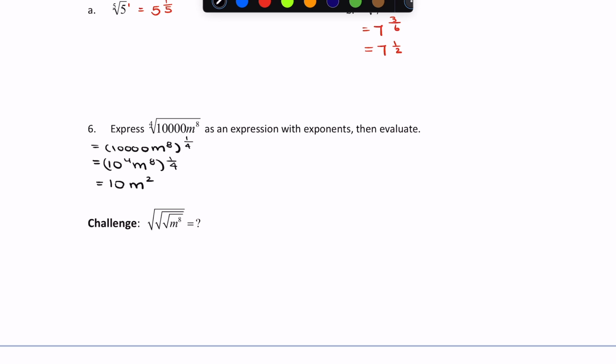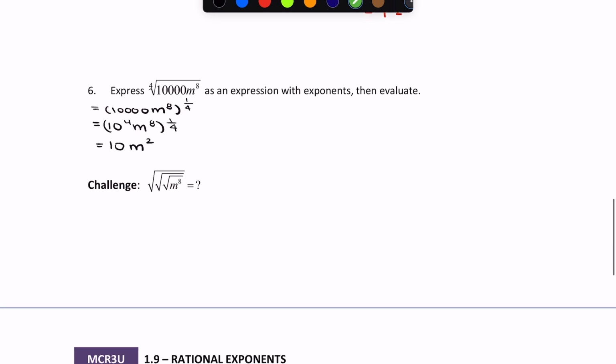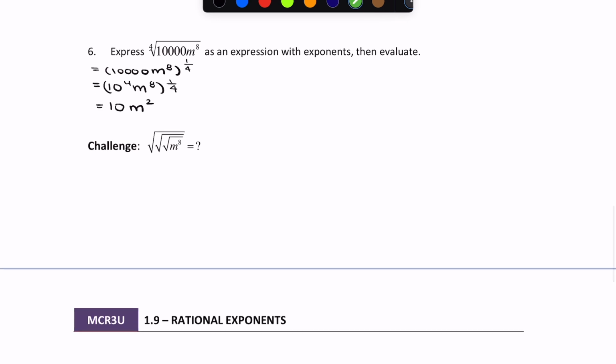And just a challenge question to end off here. So we have the square root of the square root of the square root of m to the power of 8. So here we can rewrite this as the square root of m to the power of 8 over 2, which is equal to the square root of m to the power of 4.